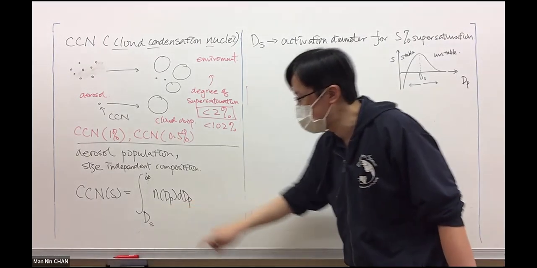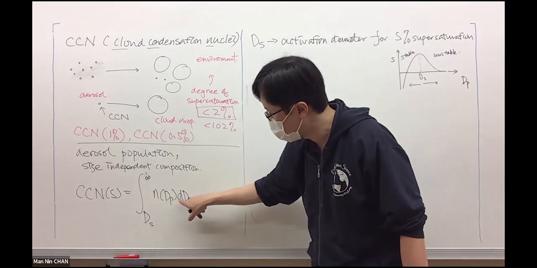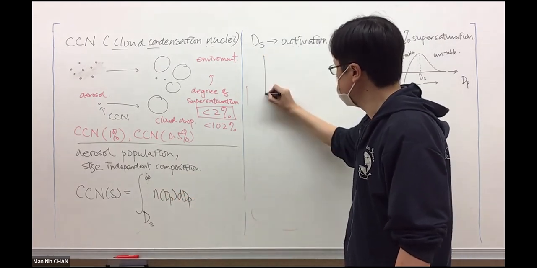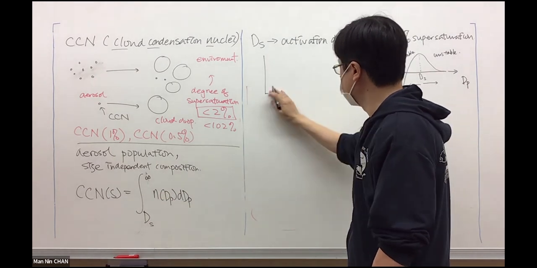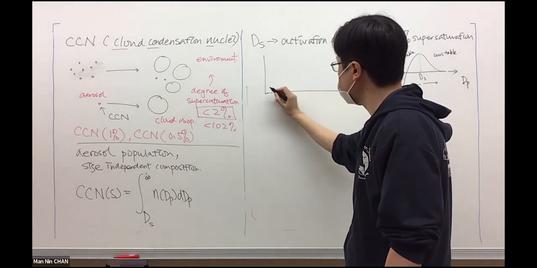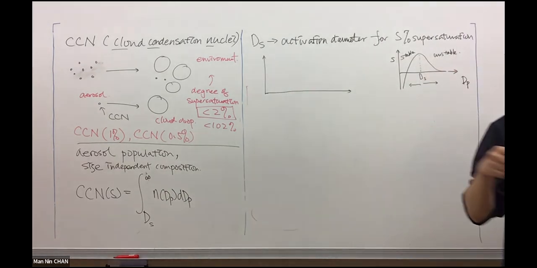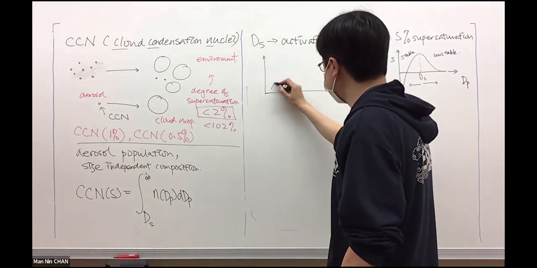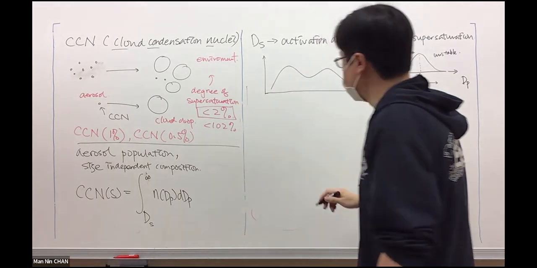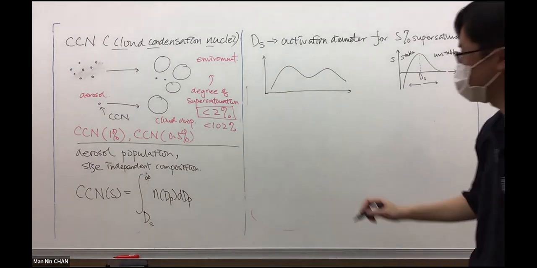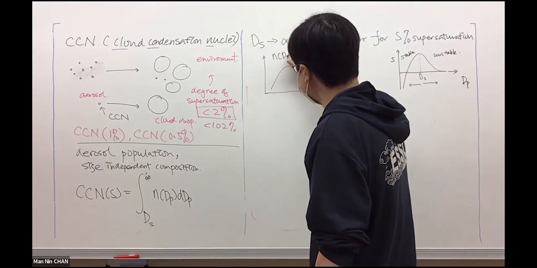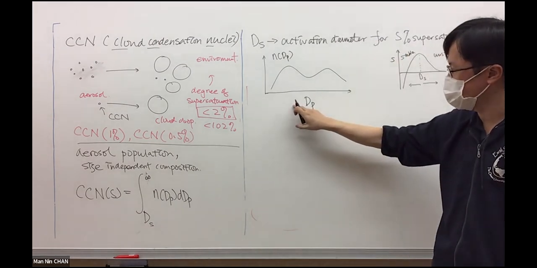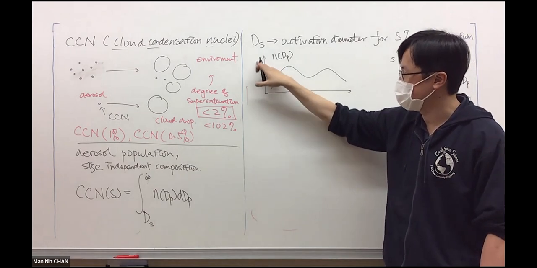So if you look at this graph, this is NDp, and this is the change in Dp. So if this is my number distribution of my aerosol, let's say I go outside and do the measurement. This is my NDp, and this is my Dp. I measure the aerosol at different sizes, and then I measure the number concentration.